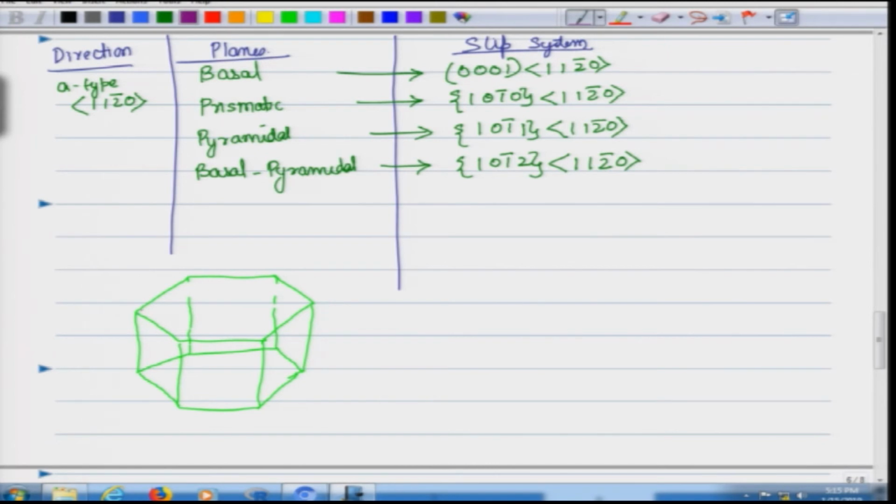So, what are those planes? First and foremost, this is the direction, the Burgers vector, which is 1 by 3 1 1 bar 2 0. This is one of the planes which is 1 0 bar 1 0. Then there is another plane which is the prismatic.